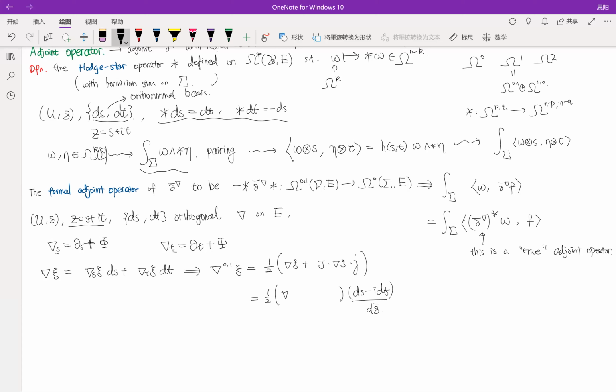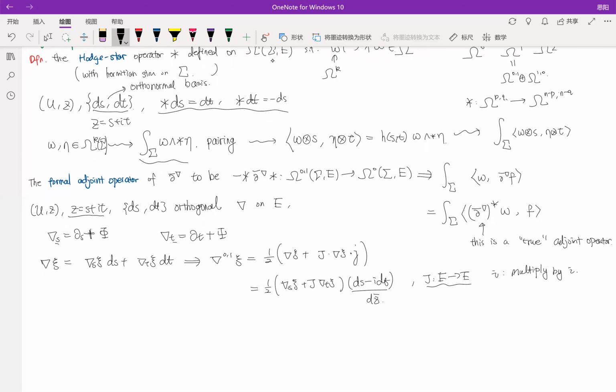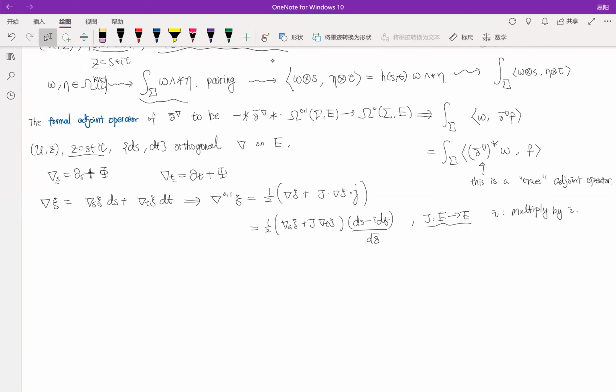In here we have ds of c plus j of dt to c, where j is the complex structure on E. In fact, in local coordinates, we can identify it with I, just multiplication by I. And so we can compute it, and this is just the d bar operator.